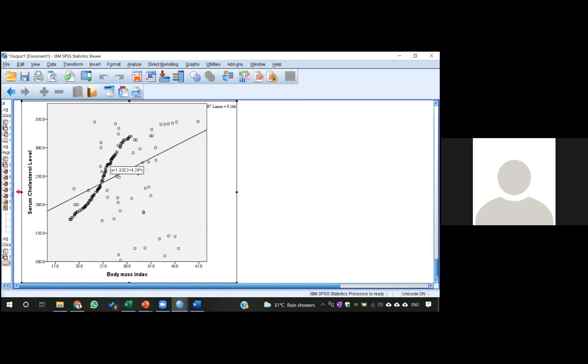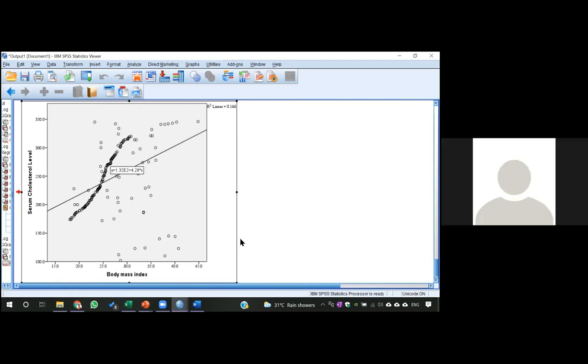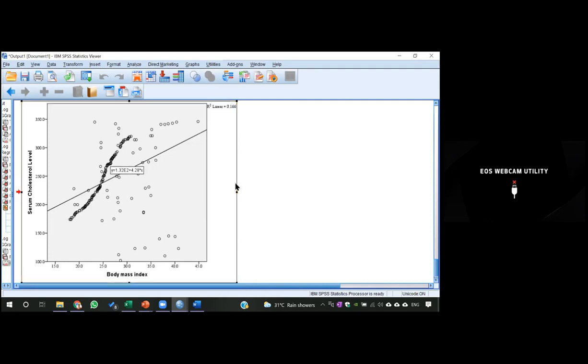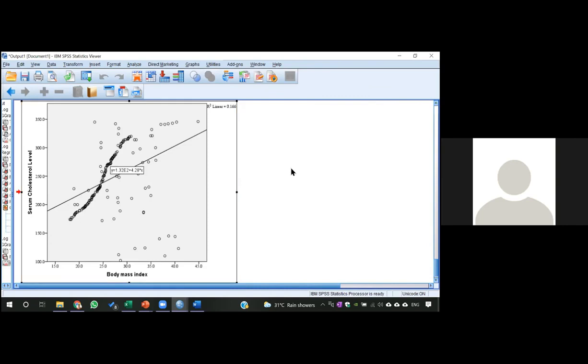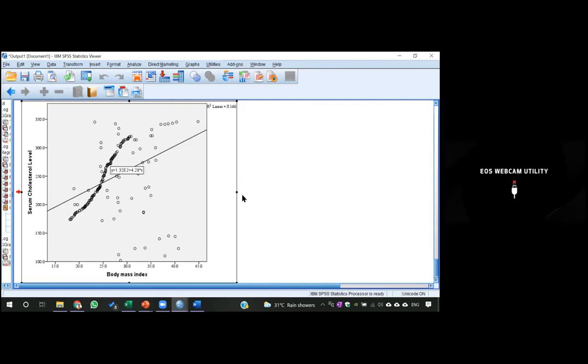Okay, thank you ma'am. One last question: the equation coming in the box now says y equals 1.32 E2, whereas the equation was 132 plus 4.28 into x. I don't know why it is giving E2. I think it is log transformation. E2 means multiply by 100.